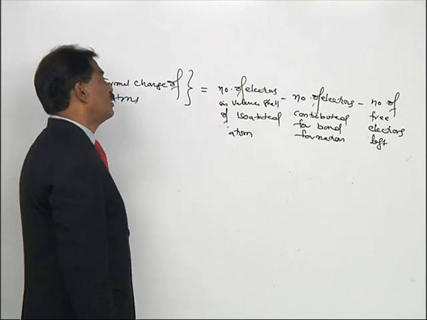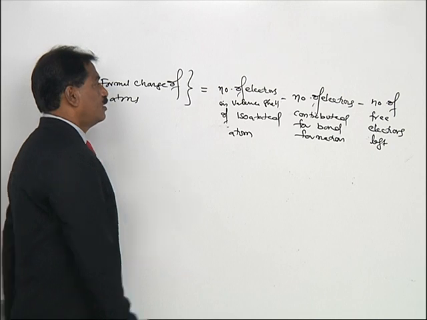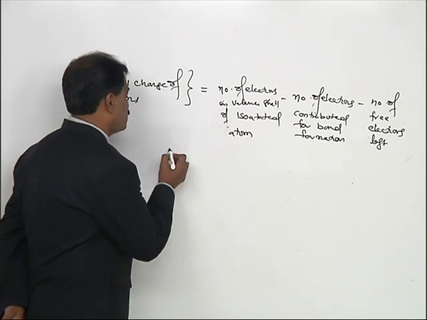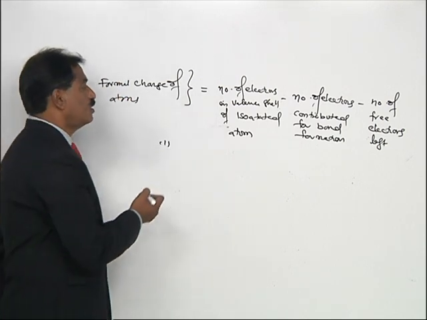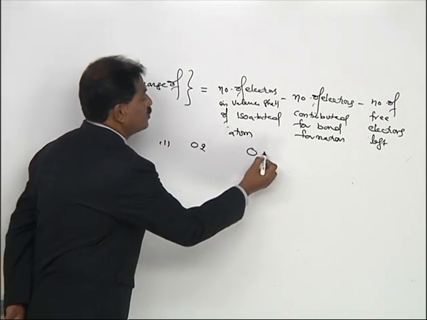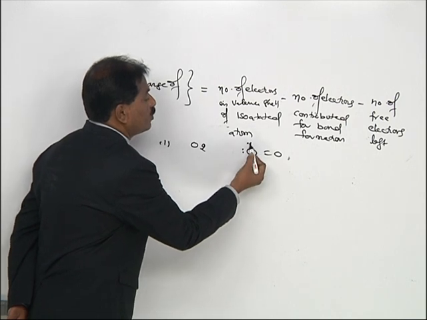Through this formula, if you calculate the charge, that is the actual charge carried by the particular atom in a given molecule. Let us say, for example, first let us apply this principle for the calculation of the formal charge of oxygen present in the O2 molecule. So, this is the O2 molecule. Here one lone pair, another lone pair.